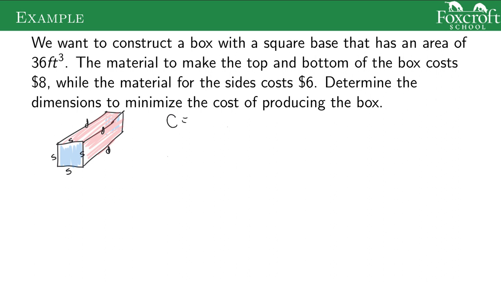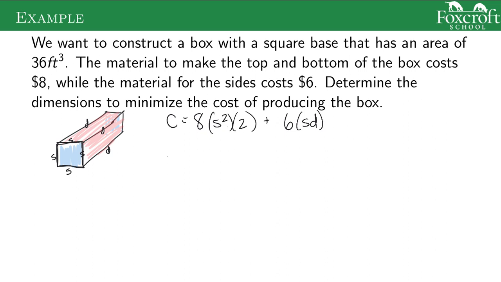Oh, sorry, not $6, $8. I'm going to do $8 first. For the end pieces, how much is an end piece? It's s squared, but there are 2 of them. So that is how much it costs to make the ends of the box. The sides of the box are $6, and the area of a side is S times D, that rectangle.